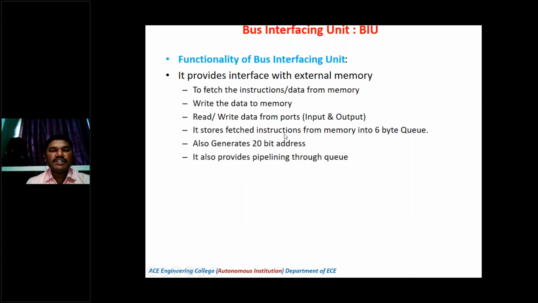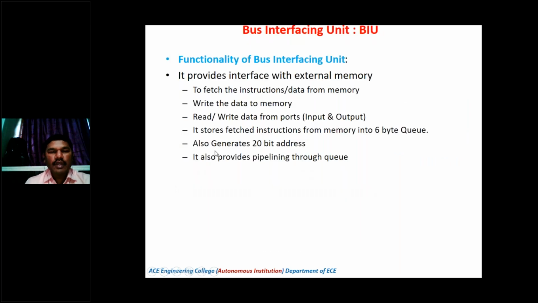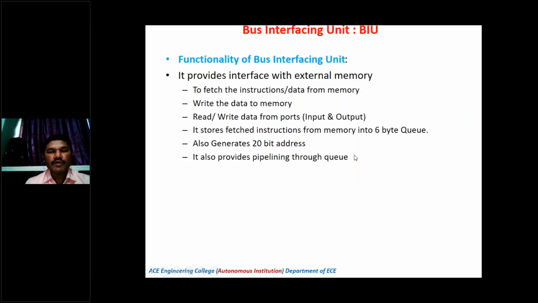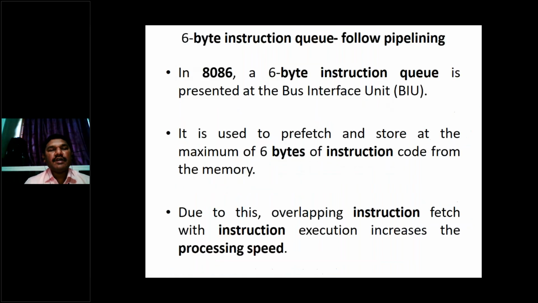It stores the fetched instructions from memory into a 6-byte queue. Once instructions have been fetched from memory, they are copied into the 6-byte instruction queue, and it also generates the 20-bit address. The address conversion mechanism converts into a 20-bit address. It also provides pipelining through the queue, in the bus interfacing unit. Right.